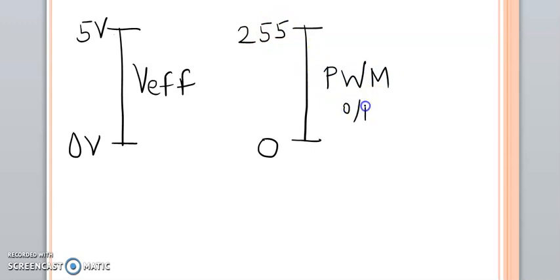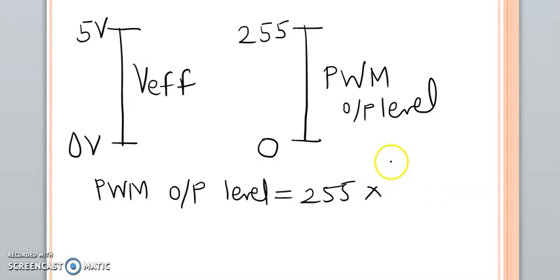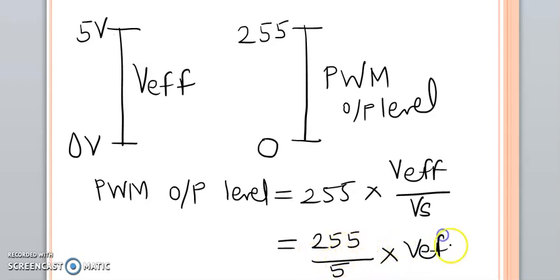So how are you going to develop a generalized formula for the PWM output level? Obviously that will be equal to 255 into V effective by Vs. Here, as we already know, the Vs that the Arduino Uno generates is 5. So that will be 255 by 5 into V effective.